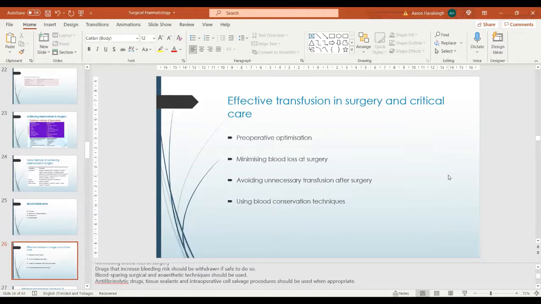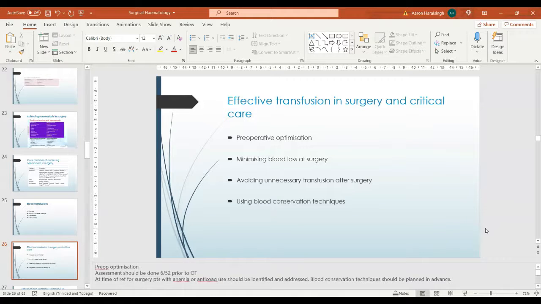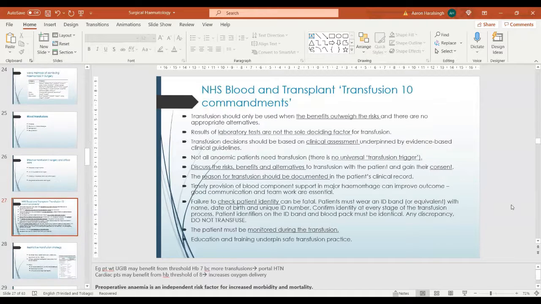Part of the preoperative optimization includes screening for things like anemia and correcting it, finding the cause of anemia, discontinuing anticoagulant medications or antiplatelet medications at an appropriate time. In terms of minimizing blood loss at surgery, we have all of these hemostatic methods at our disposal that I mentioned just before. And here we're going to primarily look at when to transfuse.